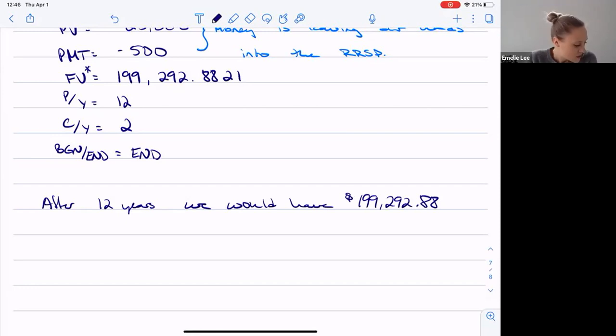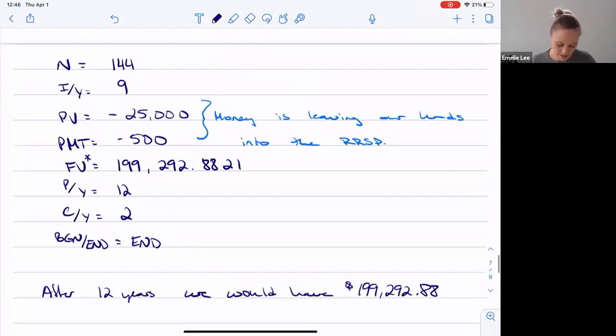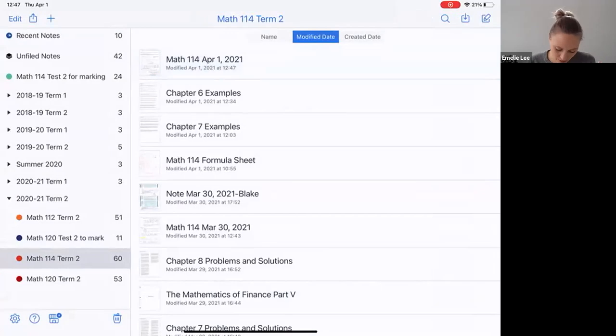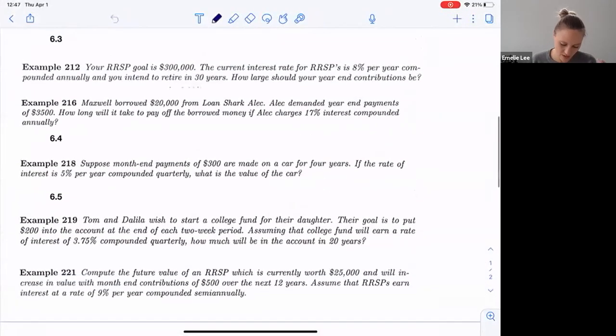Okay, so practice those, but I do think that you're going to quickly grow to appreciate this financial calculator, especially because there's a free app. Play around with it. And you can always go back and try all of these problems that we did solve.